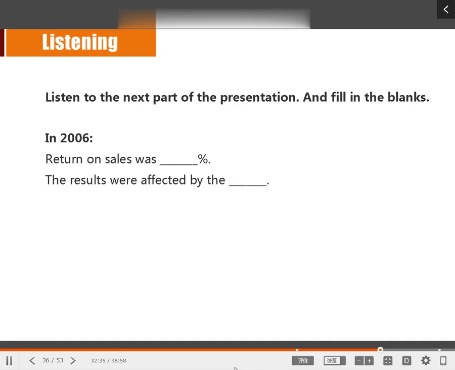I actually think that is a very good result, because about a quarter of turnover is in US dollars. 2006, as you know, saw a very weak dollar, and so changing the dollars into euros affected the figures quite a bit. Okay, now let's check your answers.